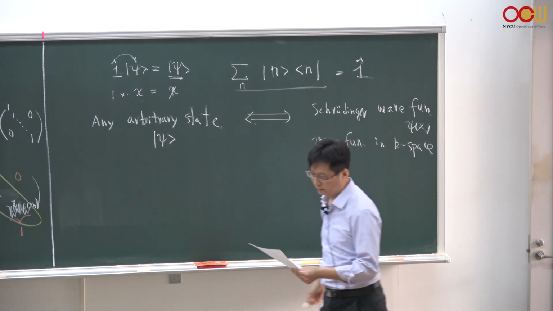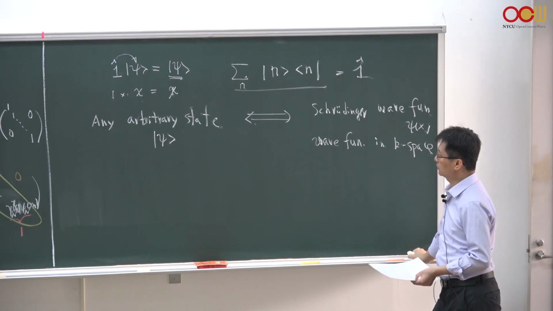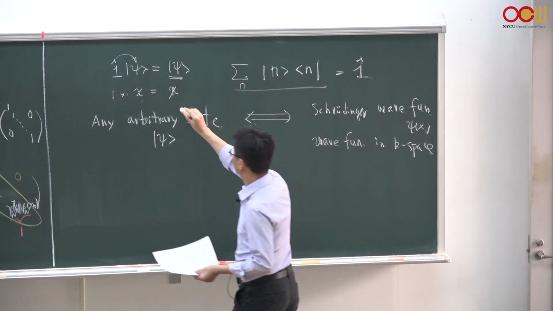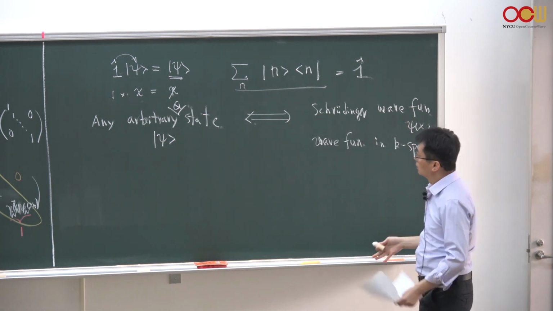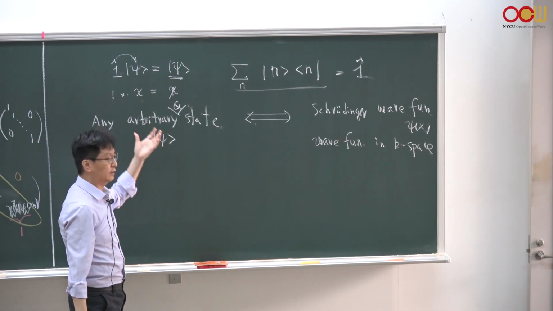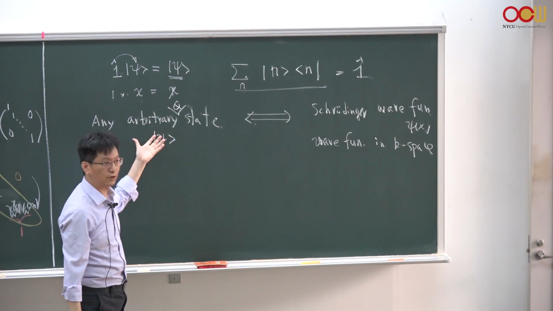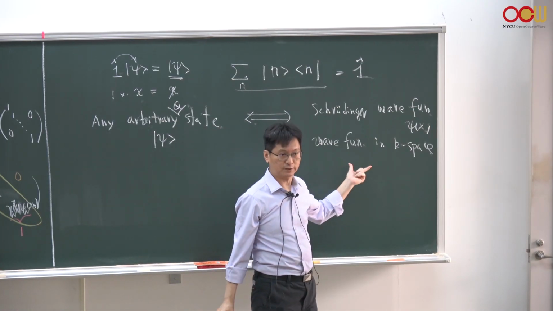There is a tiny or very subtle difference between these two concepts. When you think about this arbitrary quantum state, you may think of this as a Schrödinger wave function, but it can also be a wave function in momentum space.